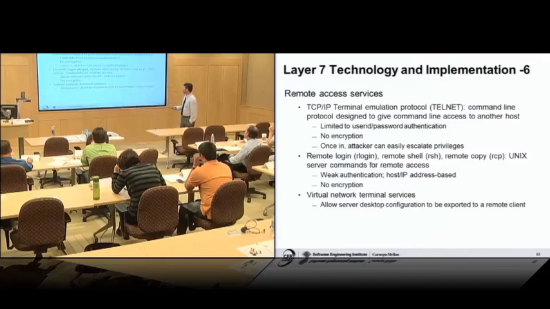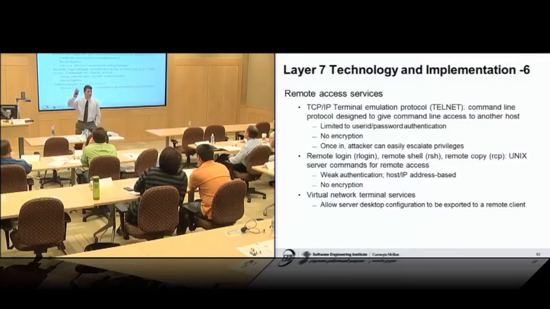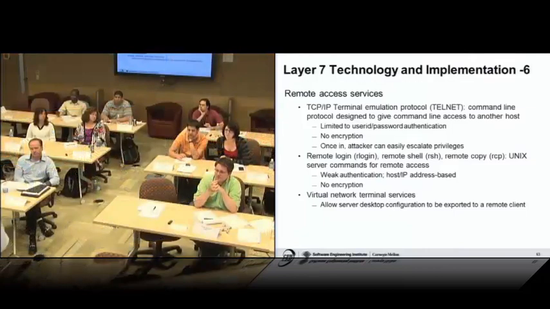Virtual network terminal services. Anyone use VMware at all? Okay. What's it useful for? It can be sandboxed. So if you break it, it doesn't hurt anything operationally, right? Right. Good. Virtual network terminal services do much the same thing, except they let you look at that desktop remotely.